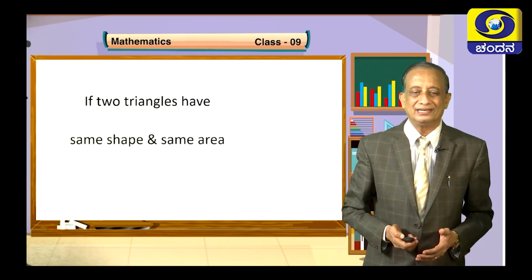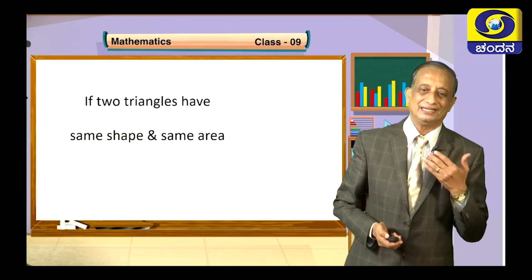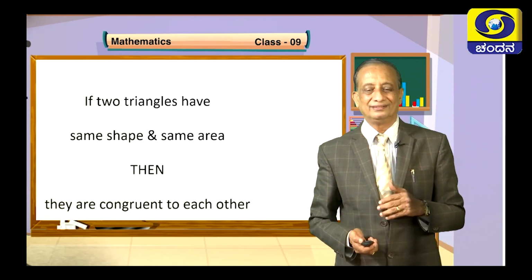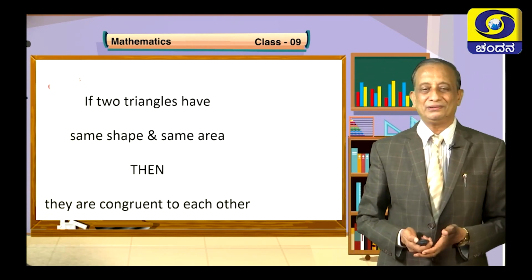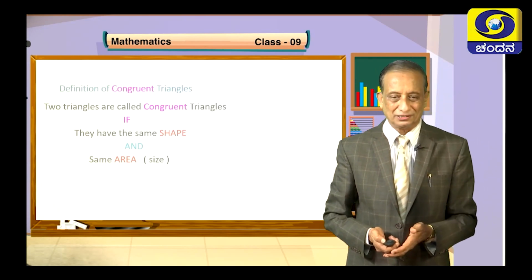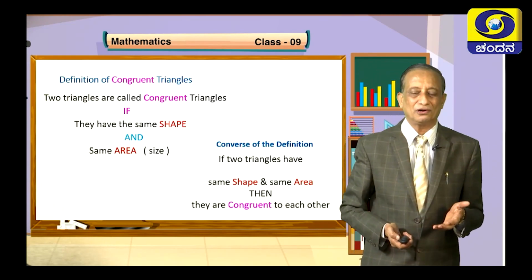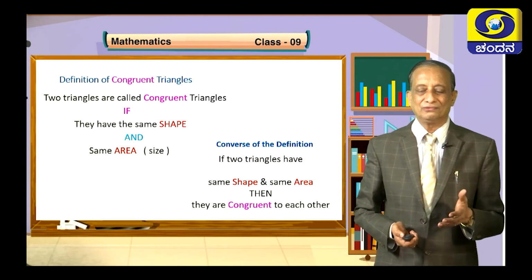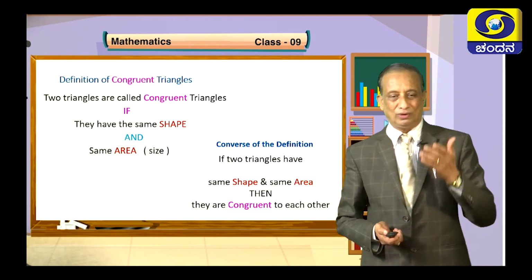If two triangles have the same shape and the same area, then they are said to be congruent to each other. This is called the converse of the definition. We will see the definition of congruent triangles and the converse of the definition both in one slide.